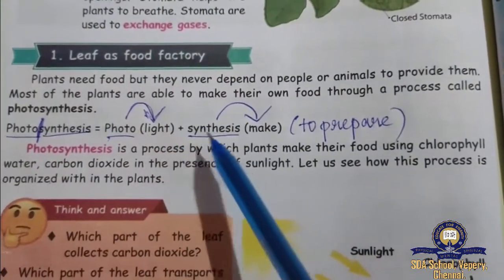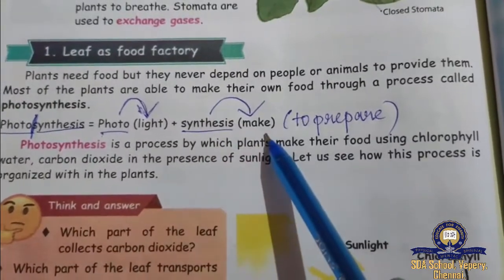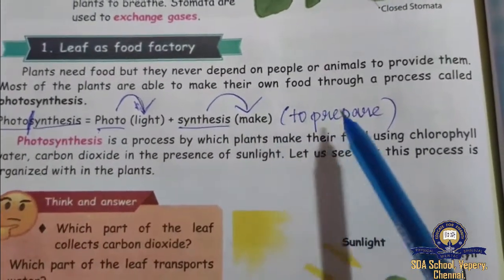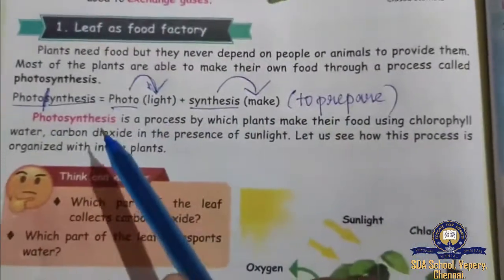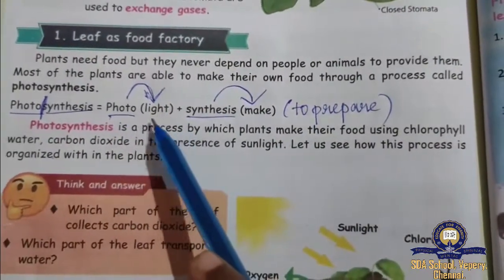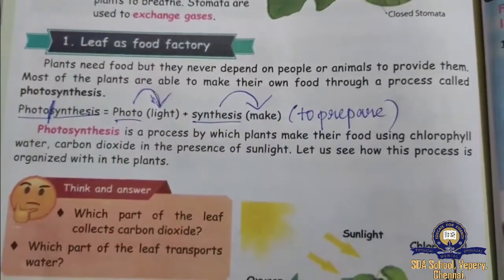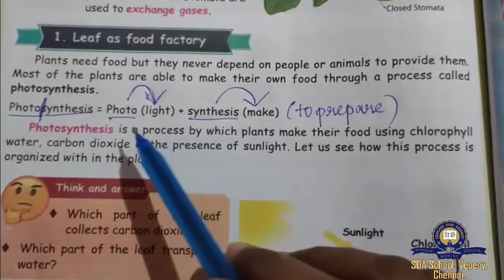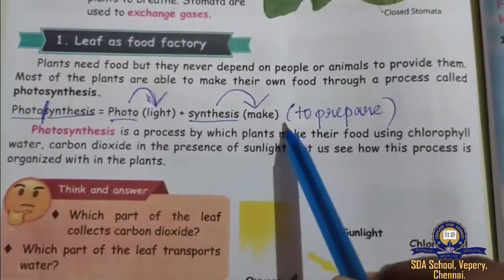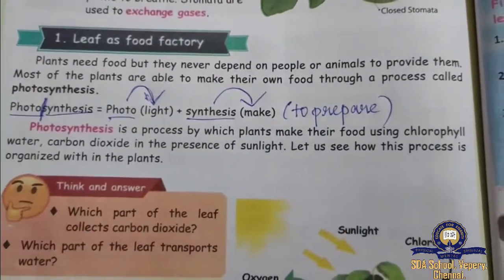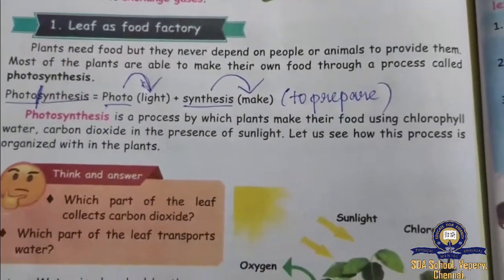Photo means light, and synthesis means make, which means to prepare. Here plants are using light to prepare their own food. This is the meaning of this word.